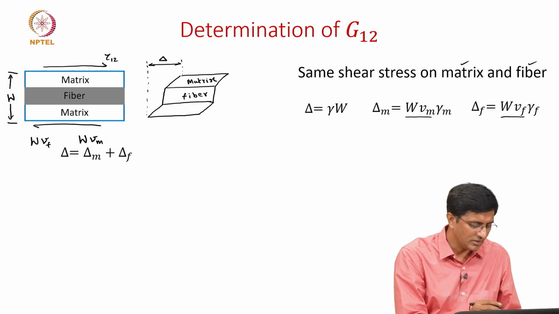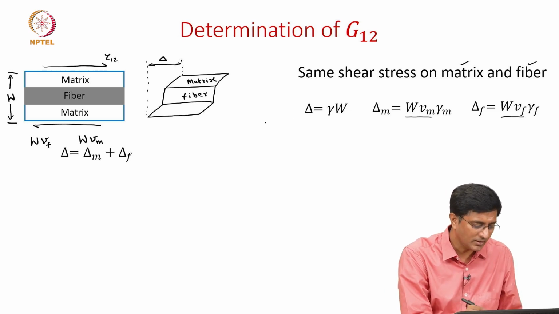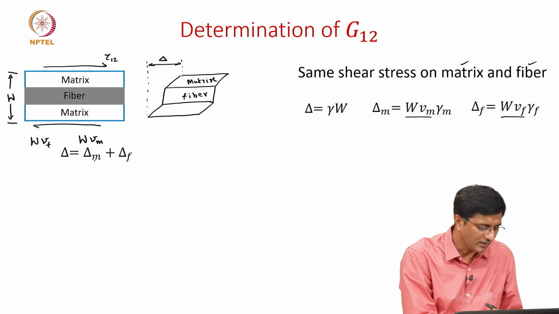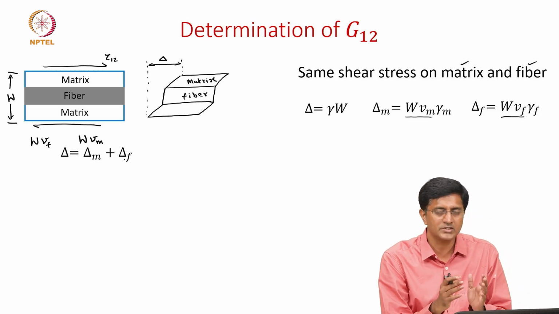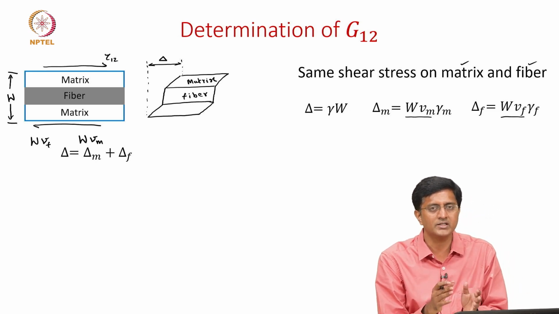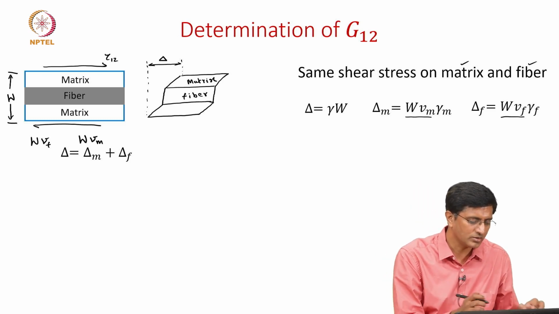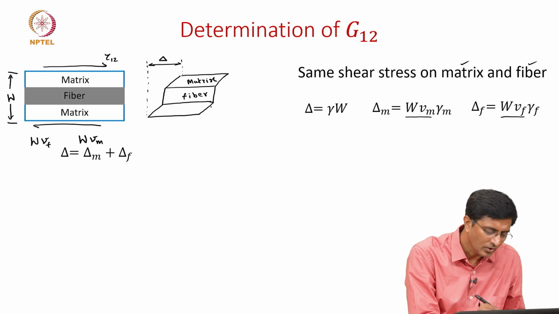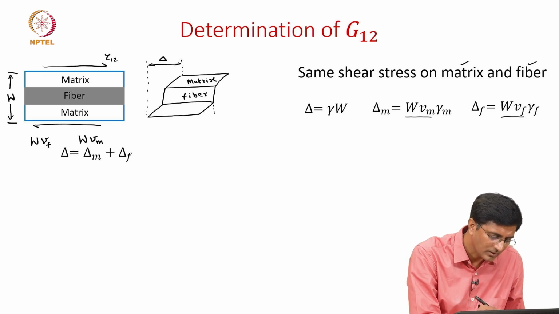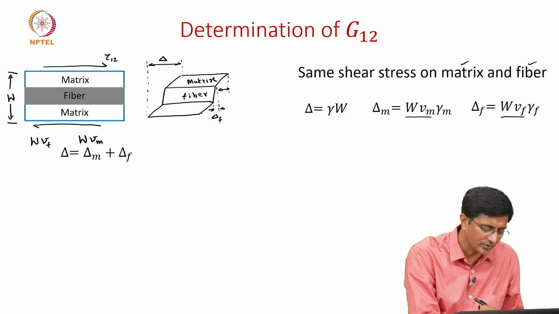So we can start by saying this delta is split into delta M and delta F, which means the change in the deflection from the matrix, if you add it with the change of the fiber, will give you the total change delta. Or in other words, let's say this is the change we see in the fiber, and here this is the half of the matrix, because we also have the other half at the bottom.